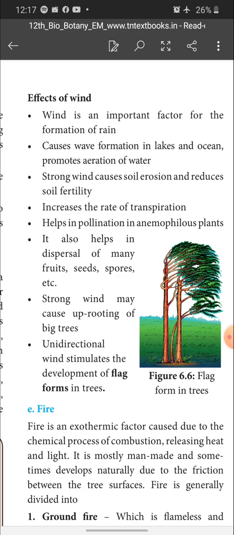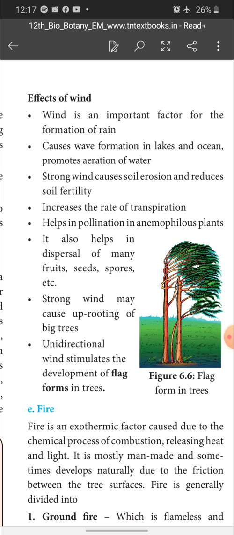Why does soil erosion reduce the soil fertility? When soil erosion takes place, the uppermost layer of the soil is eroded due to the strong wind. The upper layer of the soil consists of fertile substances. So when soil erosion takes place, the fertile substances are also eroded along with it, and the fertility of the soil gets reduced. It also increases the rate of transpiration.